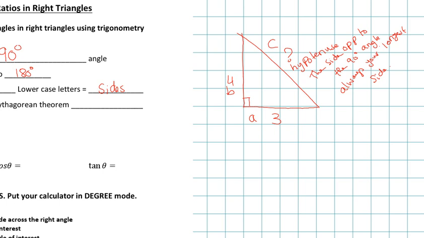So it came to be that C squared is equal to the sum of the squares of each of the legs. So C squared is equal to A squared plus B squared. In this case, I can find the measure of the hypotenuse because I know what A is and I know what B is. I can just plug them in and solve for C.